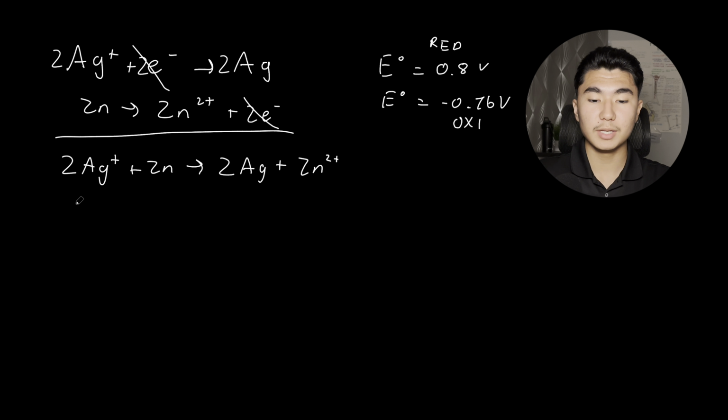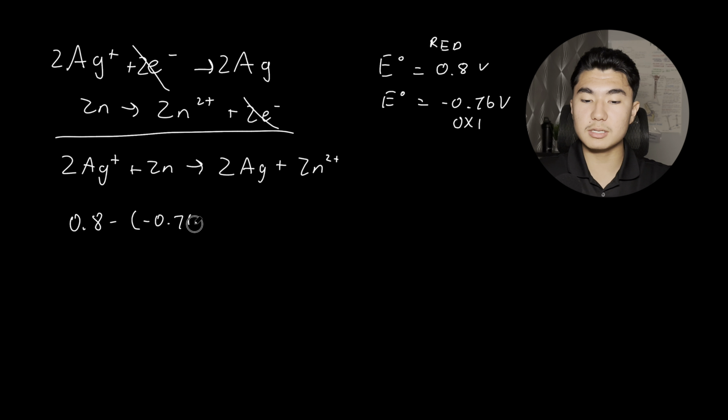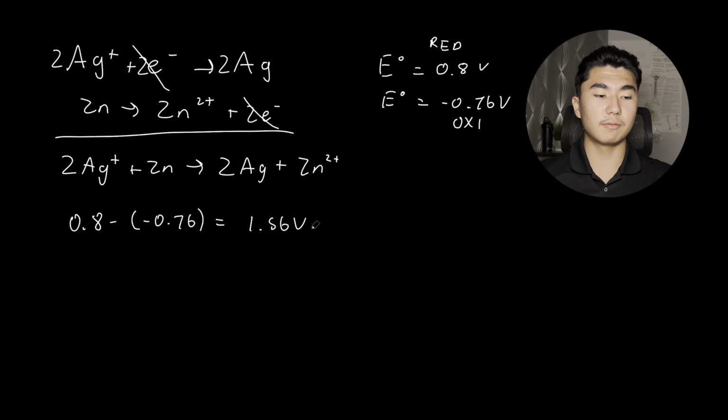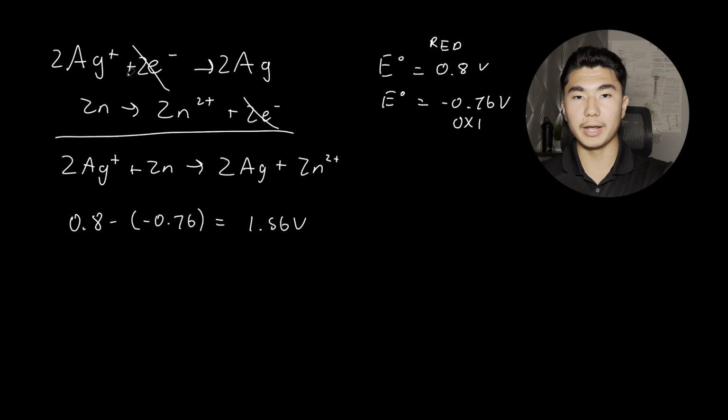So red cat: 0.8 minus negative 0.76, which gets us 1.56 volts. Another thing to remember: even if we multiply the half reactions by 2, that does not affect our standard reduction potential values, because we still use cathode minus anode, and that's how we find the standard reduction potential for the cell.